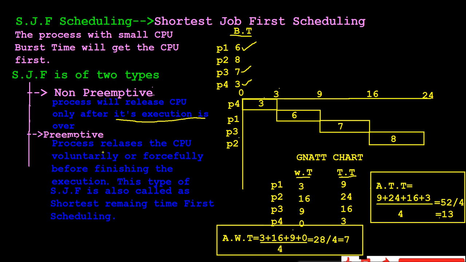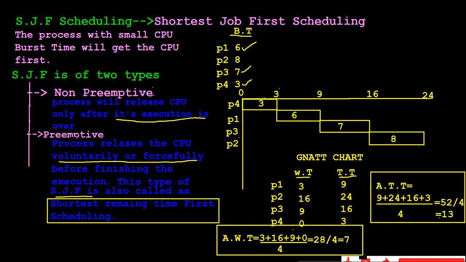In a preemptive scheduling algorithm, in the middle, it can release the CPU before finishing the execution. Either it can release the CPU voluntarily or forcefully it can terminate the execution and the CPU will be given to the next process. This type of SJF is also called shortest remaining time first scheduling.